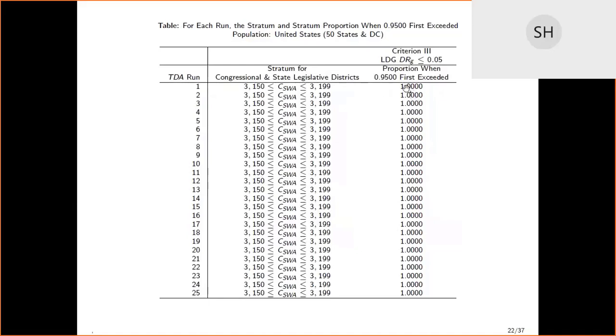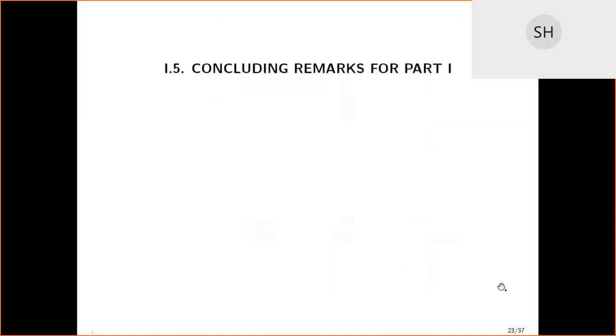Actually, we get to 100% in every run in this same stratum, and it's a stratum at which we have the smallest population count for a legislative district in the lower chambers across the nation. So this is a 1 all the way, and that stratum is the same as well.